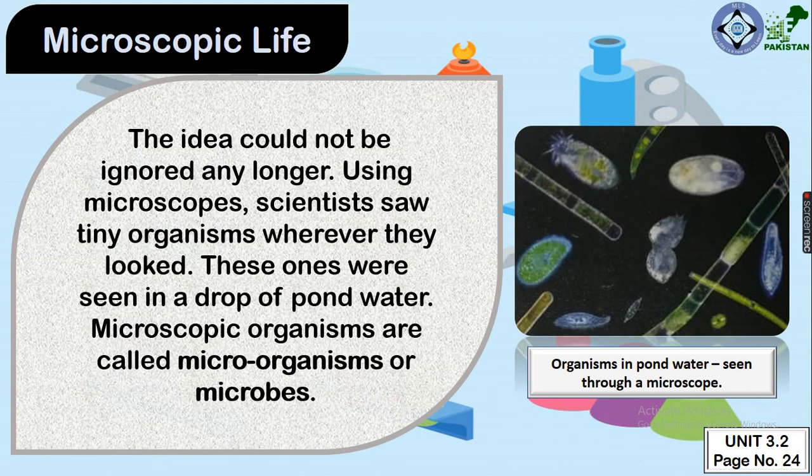Using microscopes, scientists saw tiny organisms wherever they looked. These could be seen in a drop of pond water. Microscopic organisms are called microorganisms or microbes.